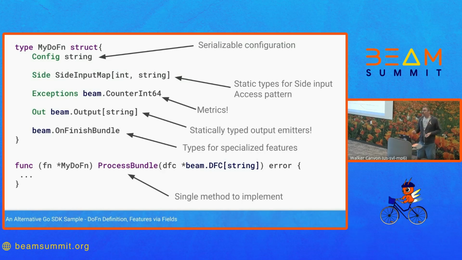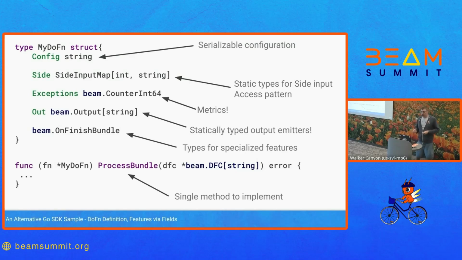Otherwise, various Beam features are entirely built on the fields itself. So side inputs can have the way you access them, whether it is like an iterator or a map, as part of the type, along with their specific types that they're dealing with. For example, if you're trying to look up int keys with string values, and similarly counters.